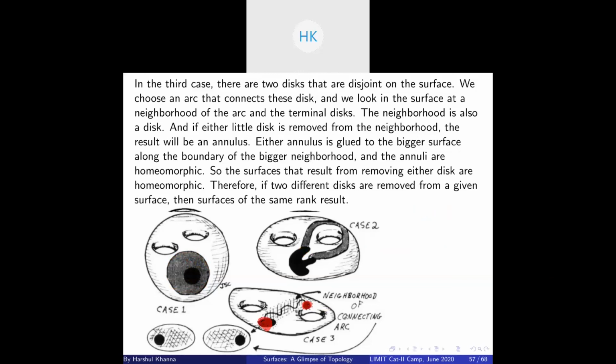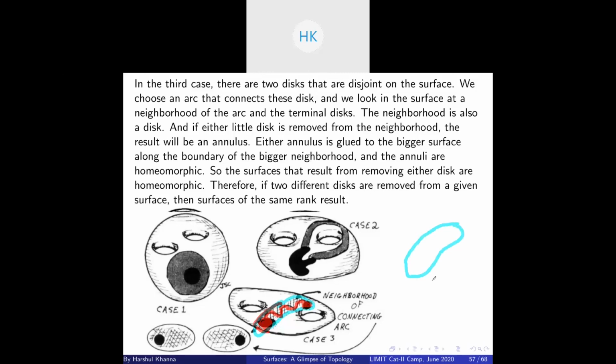So what we can do is consider a loop. We consider a connecting arc between these two disks, and we take the boundary of this arc combined with the disks, let me mark it with a different color. So you get a surface, which has to be attached.